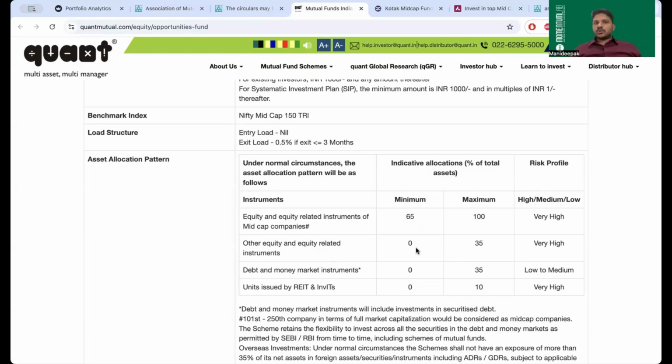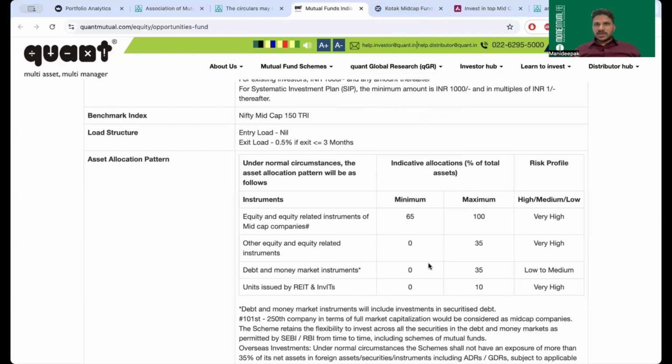So the fund could very well invest all of the investments into mid-cap companies as per this definition. And depending on the market conditions, the fund manager can choose to invest up to 35% of the investments into debt and money market instruments. And lastly, up to 10% of the investments could be put into REITs or InvITs.